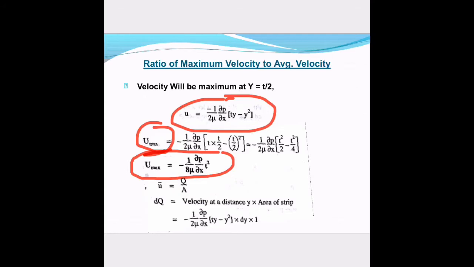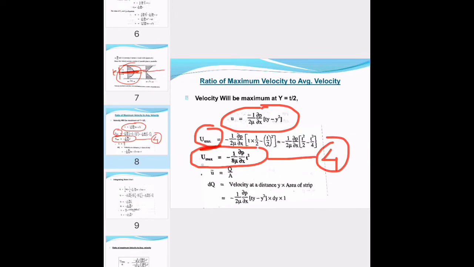Before finding average velocity, we have to find the discharge along the plate. So first of all, let us calculate a small discharge along a strip of fluid. Consider a small strip of fluid and we have to calculate dq, that means the small discharge dq. You can mark the u maximum equation as equation number 4.